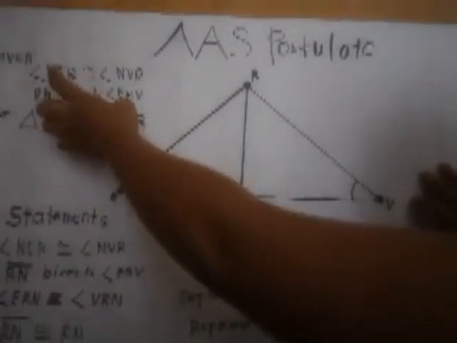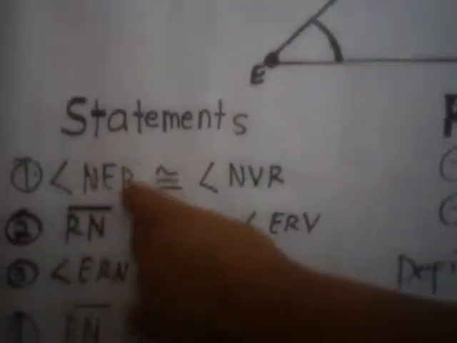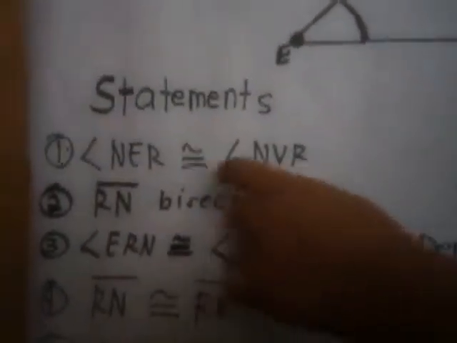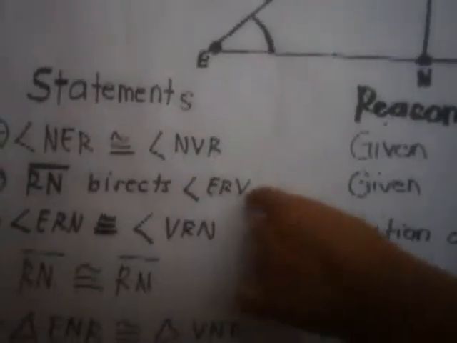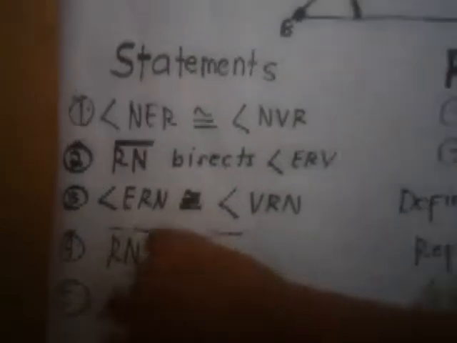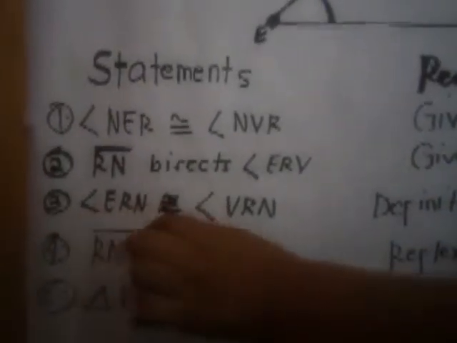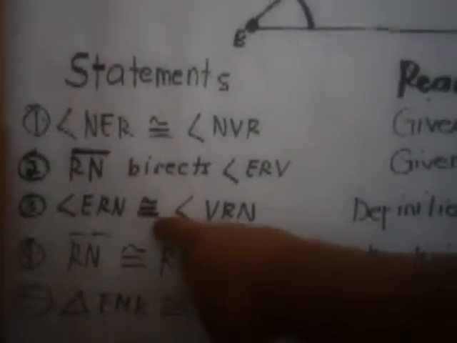Sa angle NER is congruent to angle NVR. So, the reason is the given. Next is the RN bisects angle ERV, given. So, kaning angle ERN congruent to angle VRN by the definition of angle bisector.